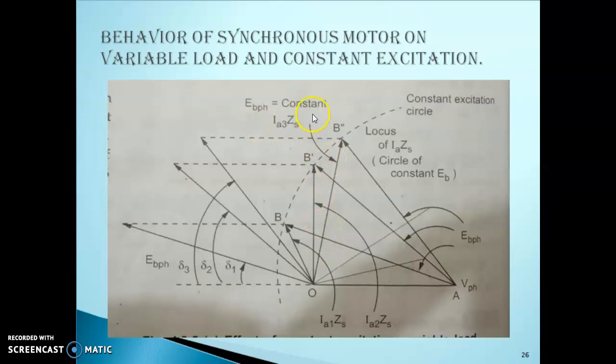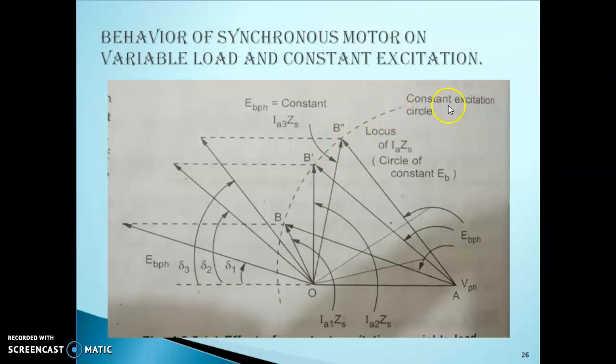So the IA3 must be greater than IA2 and IA2 must be greater than IA1, okay, to maintain or to increase this product as ZS is constant. Now as ZS is constant, and if we draw the locus like this, the locus is shown by the dotted line with the IAZS.